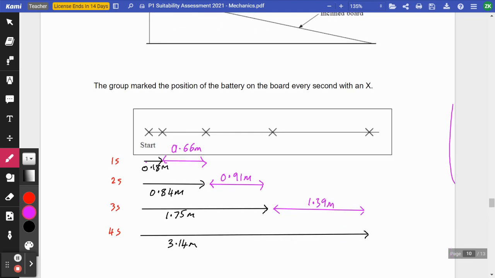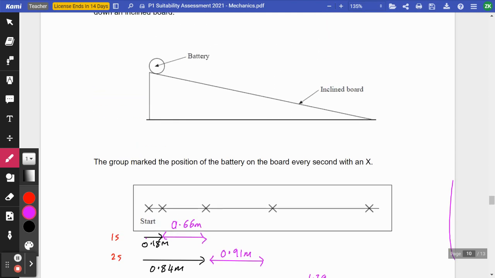For the last second, we know that the average speed in this section here was 1.39 meters per second. So that's actually the speed halfway here. And that there is somewhere there. So what we've got, 1.39 meters per second, is the speed here, which is actually closer to the bottom.